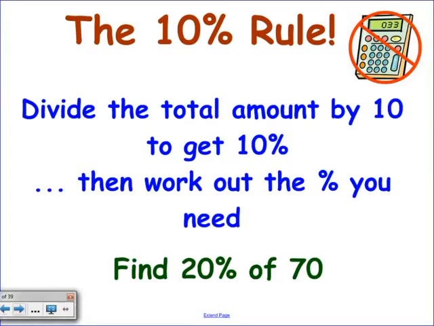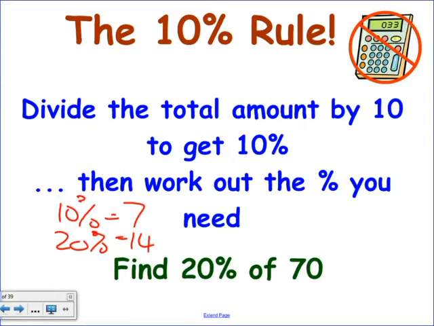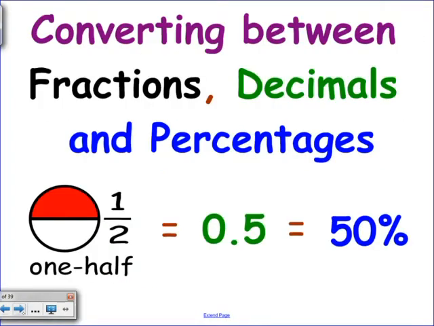So 20% of 70, 10% is what? 7, so 20% must be 14. So it's a really quick way of doing percentages. Don't forget to show your working out. If you get something as straightforward as that, and it's 2 marks, say 20% of 70, don't be tempted to just write 14 in. Show your working out, okay, exam technique.